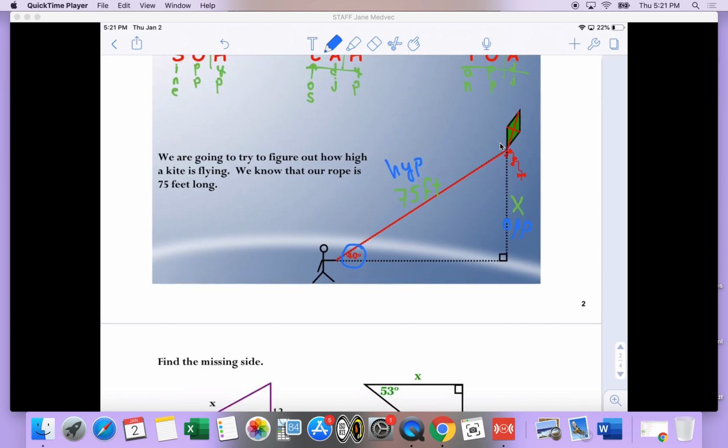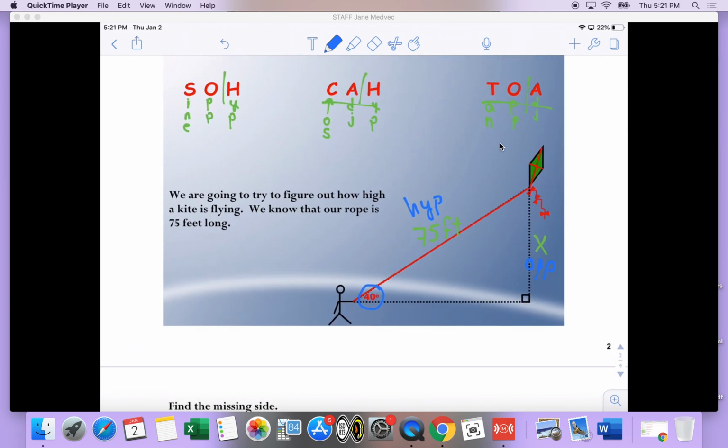So I've got sine, cosine, tangent. Which one of these three works with the opposite and the hypotenuse? That's right, sine. So to solve this, I would go sine of 40 degrees, opposite over hypotenuse.